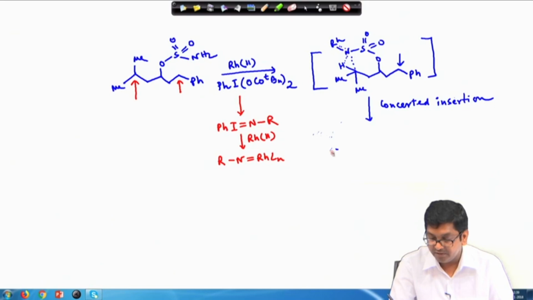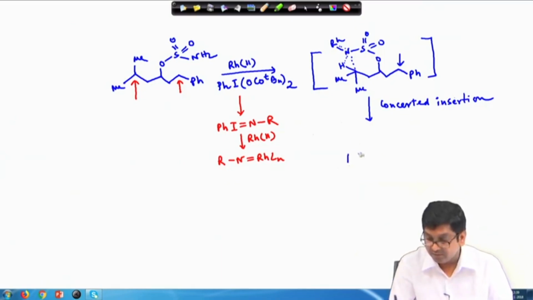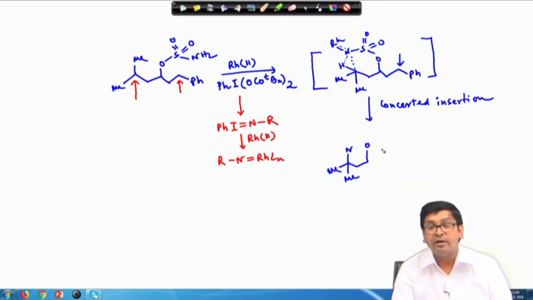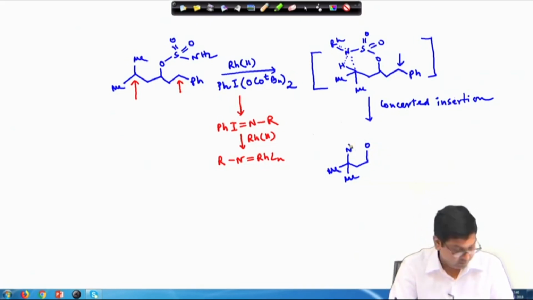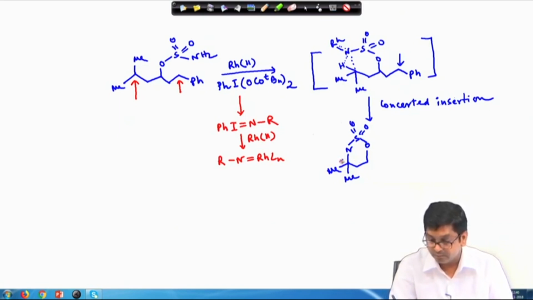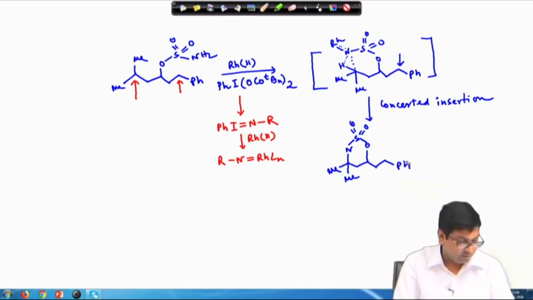we can write in this way that there are two products that will form. First, this will give the insertion into the tertiary carbon, okay. Fine.